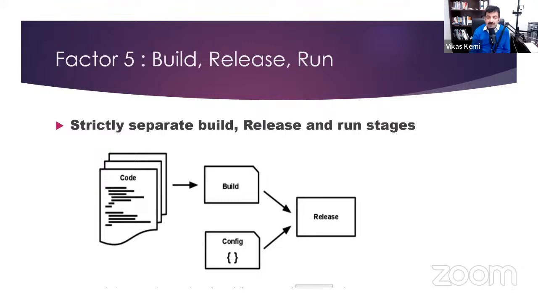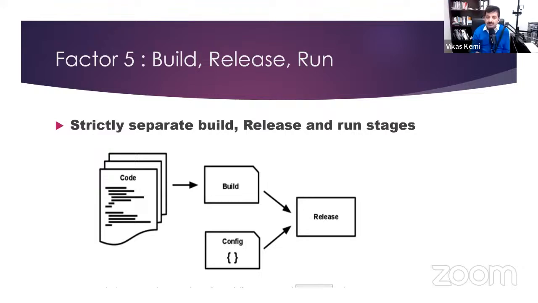So you should never make changes once it has been deployed into an environment. This is a principle which makes sense. Build, you are just building your code into EXEs. Release, you are pushing them to the proper server, and they are running on servers.